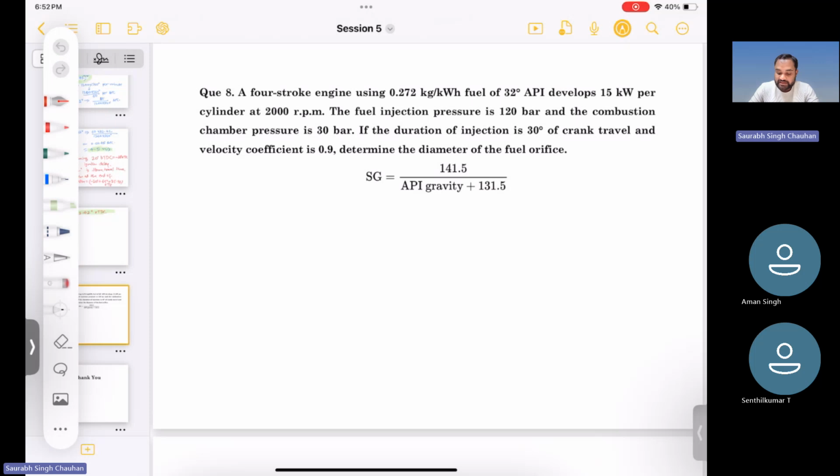If the duration of injection is 30 degree of crank travel and the velocity coefficient is 0.9, determine the diameter of the fuel orifice. So if you understood what the question is saying, then we will proceed. Is there any doubt?